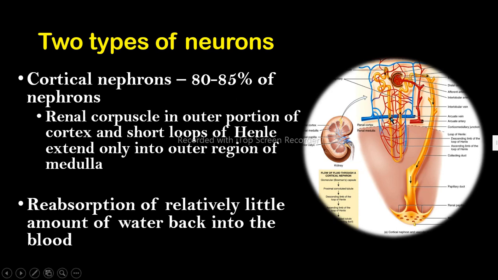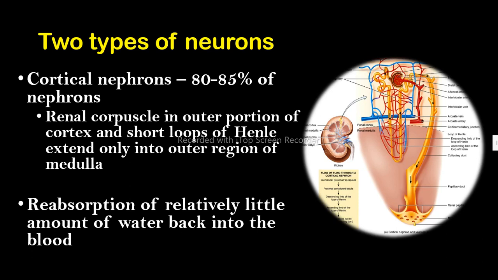Because of this short loop of Henle, which does not span through the renal medulla, the rate at which water is absorbed back is low. Consider one of the adaptations of desert animals: a camel can live in a desert for as long as it wants and survive there. But take your cow, your goat, your sheep there, and see if they will survive.